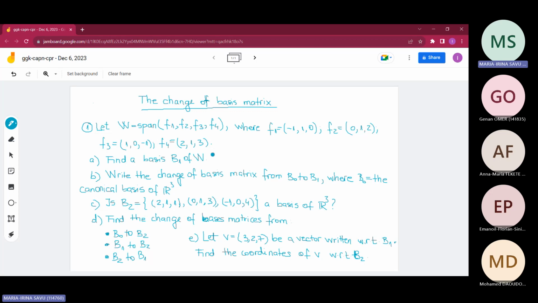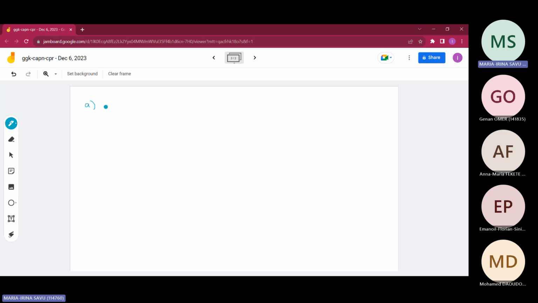Have you found the basis? So let's see, the basis is formed with? The vectors F1, F2, and F3, for example. Okay, indeed. Because if you write the matrix that contains F1, F2, F3, and F4, and compute the rank, you will see that the rank is equal to 3.